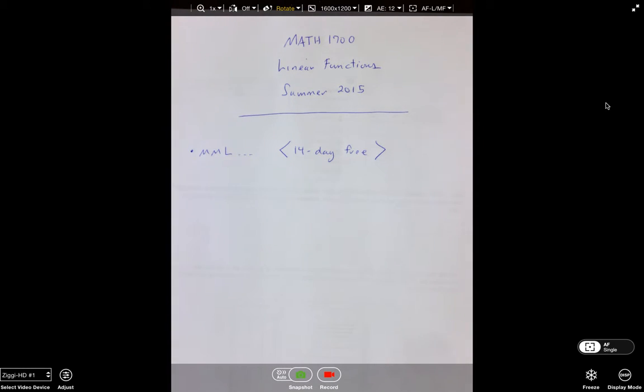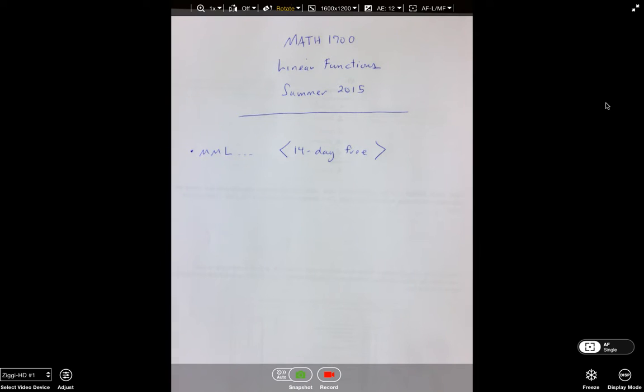So if nothing else, go in. If you don't have your text, if you don't have the money to sign up for the activation, go ahead and get your 14-day free activation. You can always upgrade that. You can pay for it, or you can go in and purchase a textbook from the bookstore. They'll give you an activation code. You can go in and manually enter it and get things going.